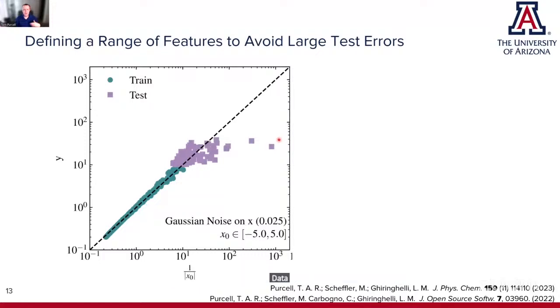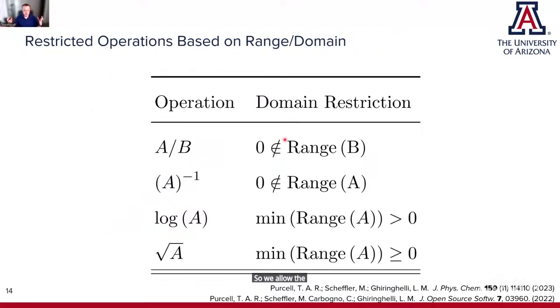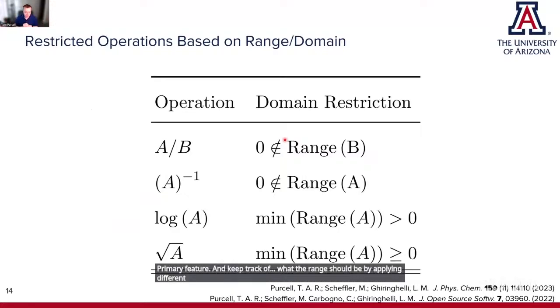So this can even go up to NaNs, for example, if we have logarithms or square roots. So we allow the user to potentially define the theoretical range of a given primary feature and keep track of what the range should be by applying different algebraic terms on it.